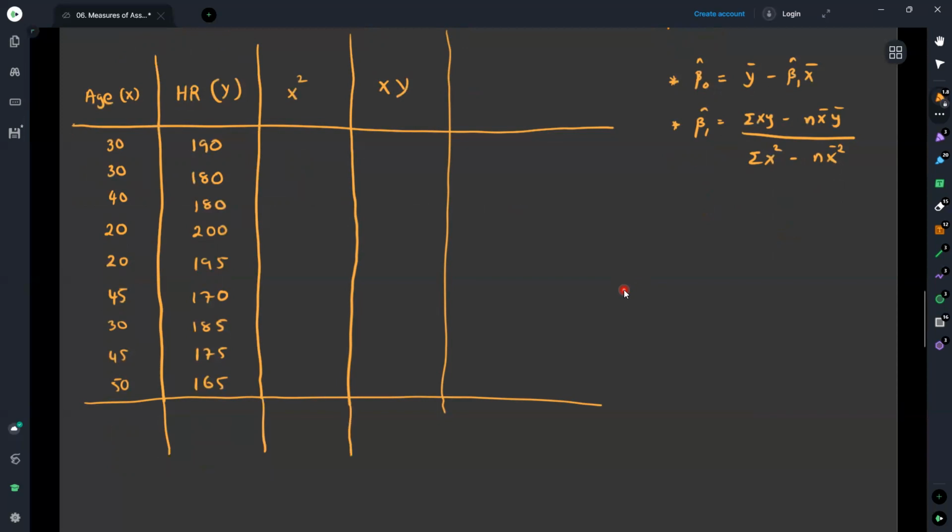If we take the x squared values, here it is 30 squared, which gives 900, then another 900, then 1600, and in a similar way we get the values, 400.